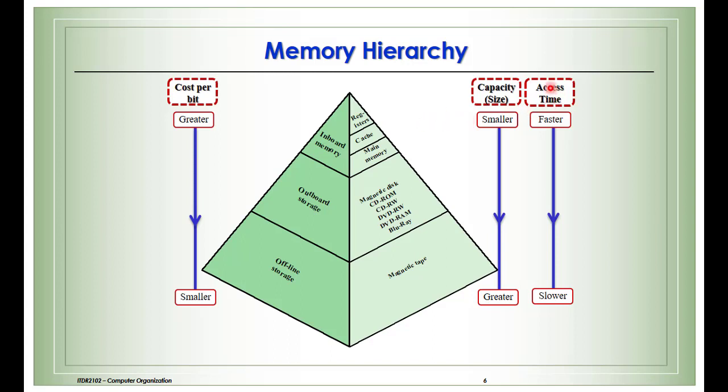And if we move from top to bottom, also the access time, which we can say is the speed of reading and writing the memory, goes from faster memory to slower memory.